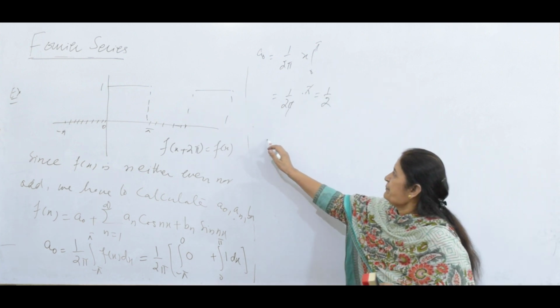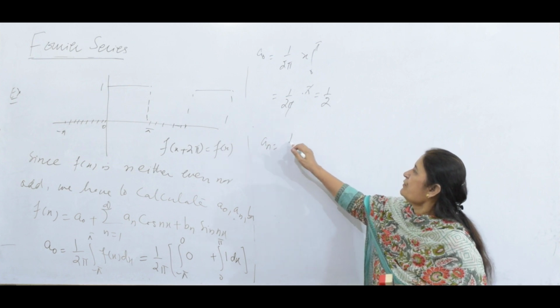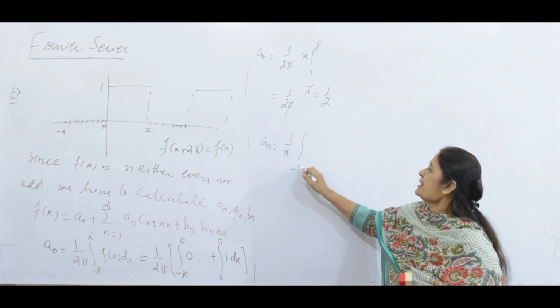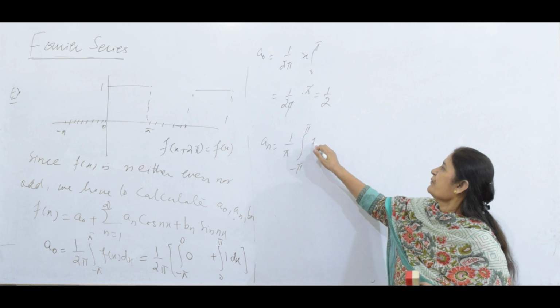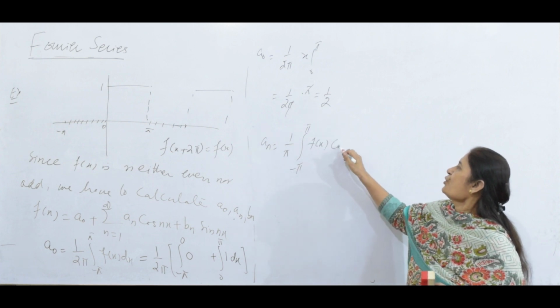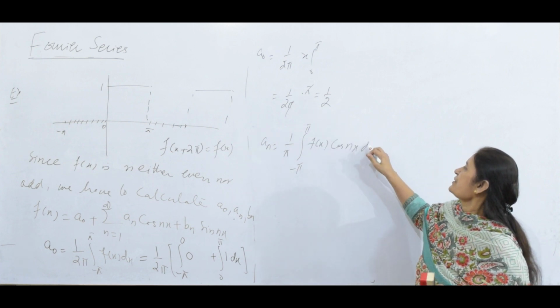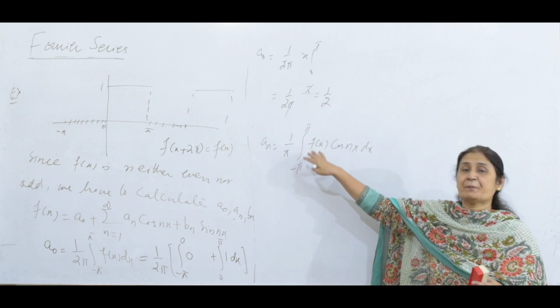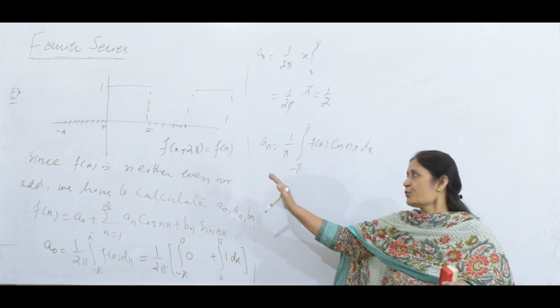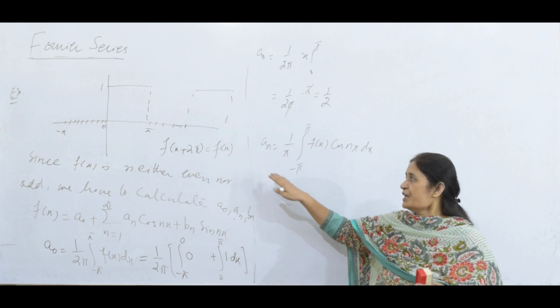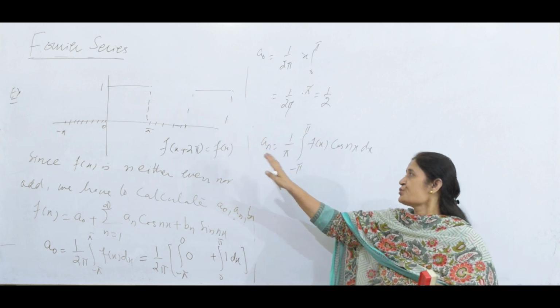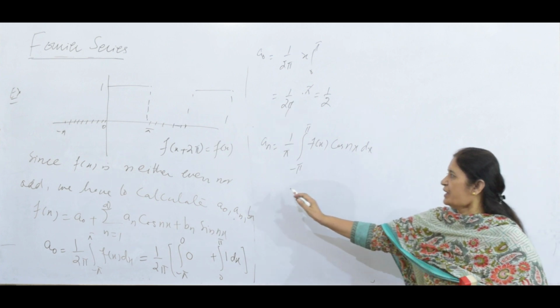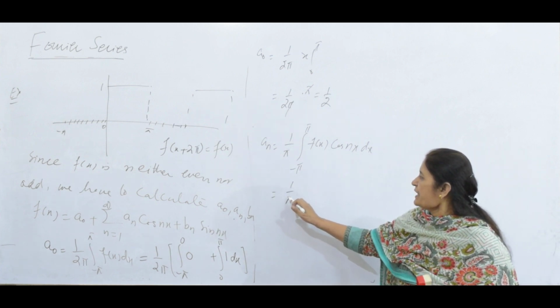Now an will be 1 over pi integral minus pi to pi, f of x cos nx dx. The same formula. You do not change it to 2 by pi, 0 to pi. Those are the formulae for even and odd functions. Since it is neither even nor odd, you have to use the same formula. Again 1 over pi as it is.